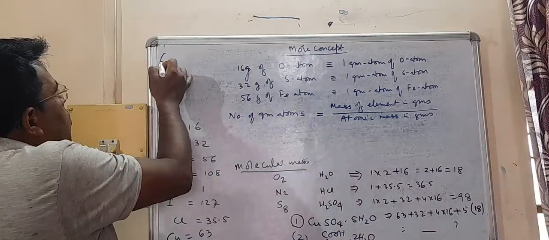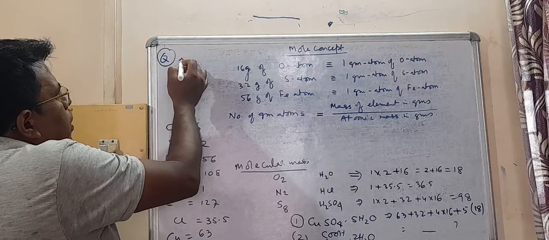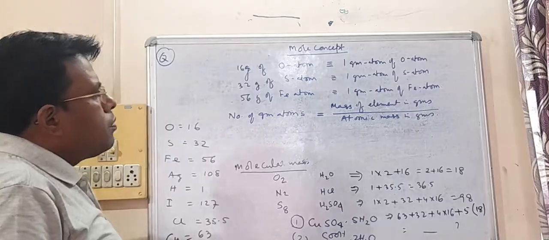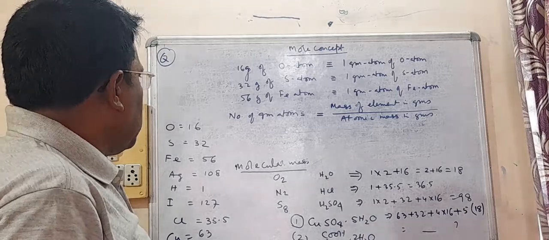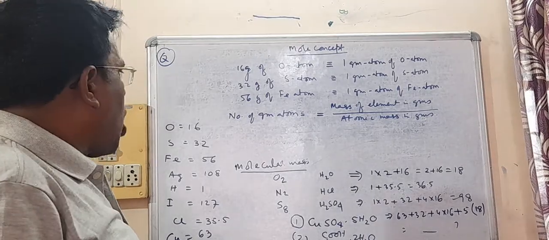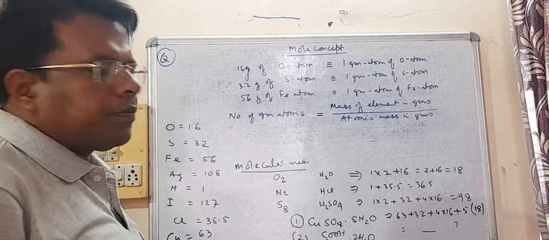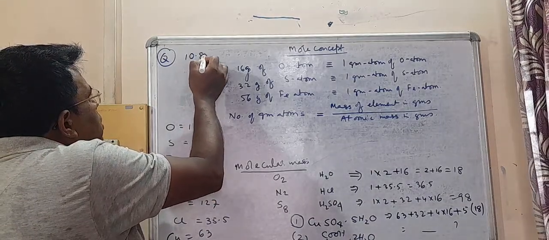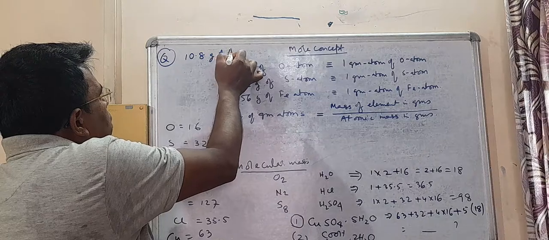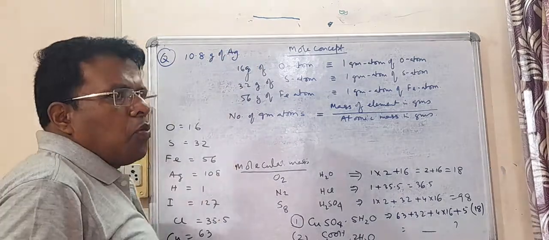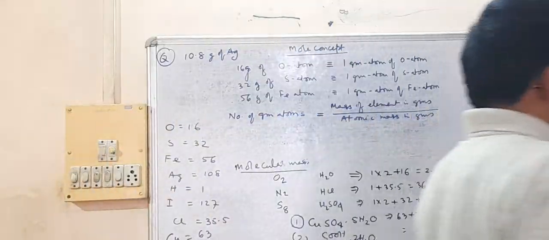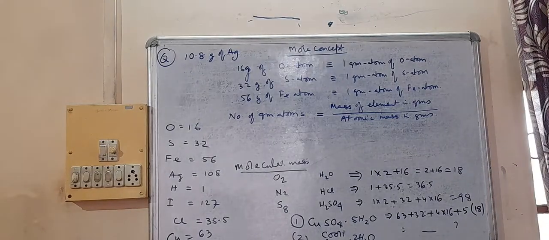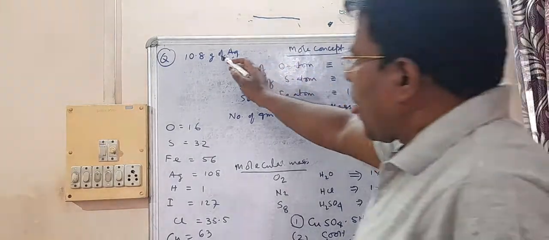Suppose a question I am giving you here is: how many gram atoms are present in, say, 10.8 gram of silver? How many gram atoms of silver are present in 10.8 gram of silver?